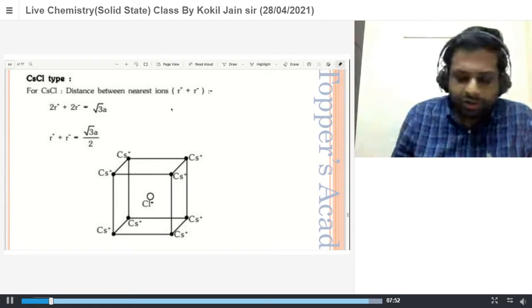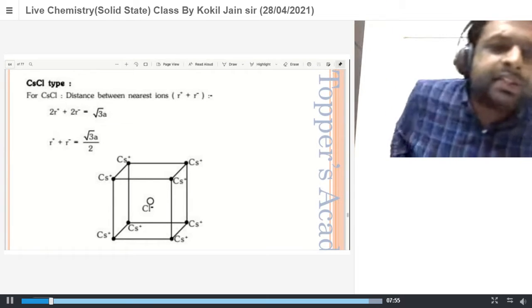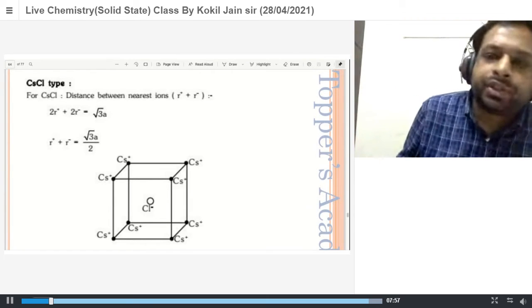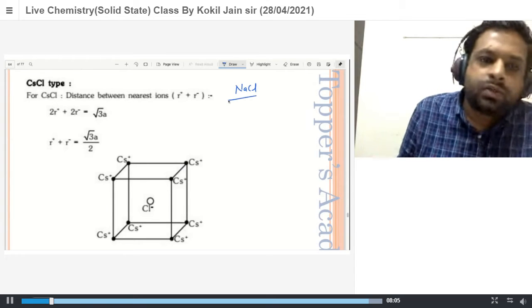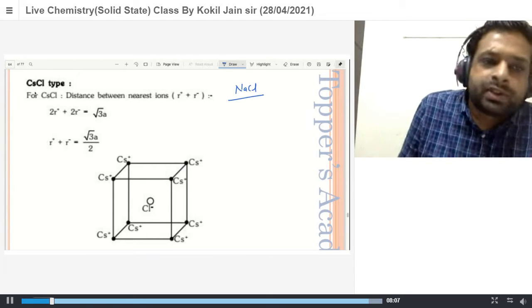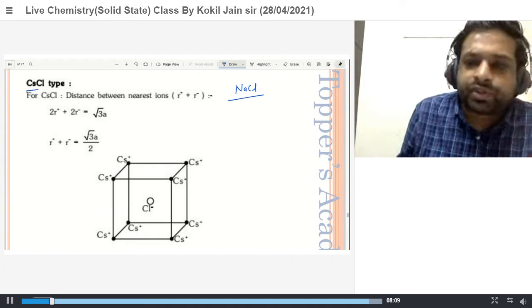So we saw the structure of NaCl in the last class, right? Now what we are going to see is the CsCl type of structure.